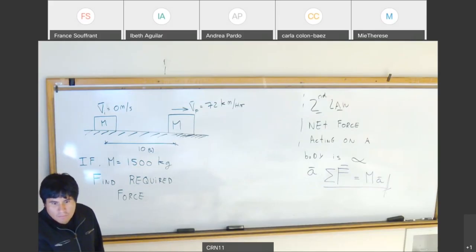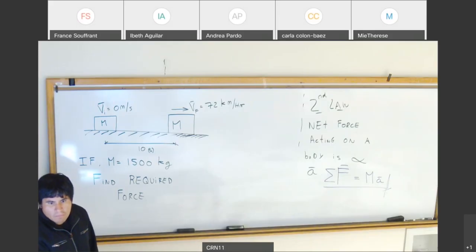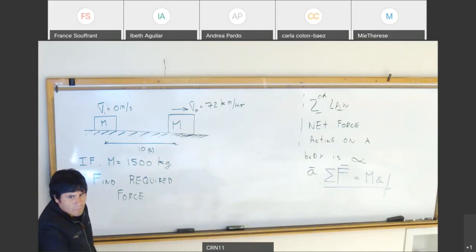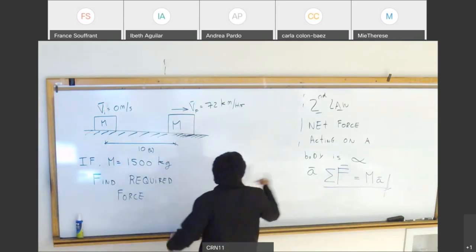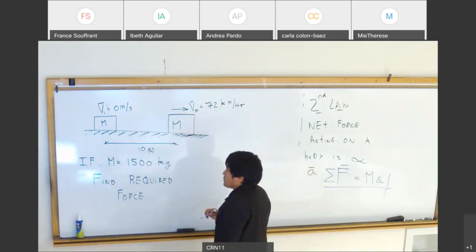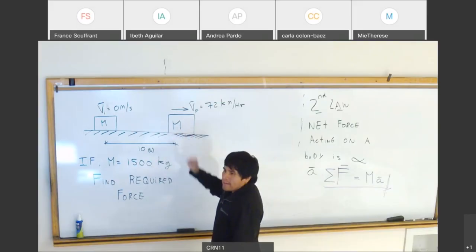Actually, let me see something here. Yeah, we'll do friction a little bit so you can see how it's used, because there's not much. Force equals mass times acceleration. We have the mass, we just need acceleration.